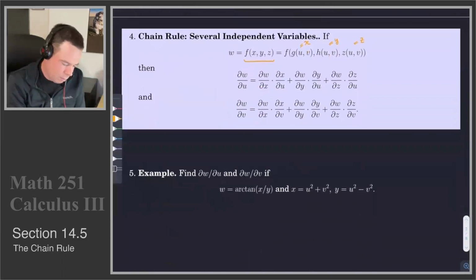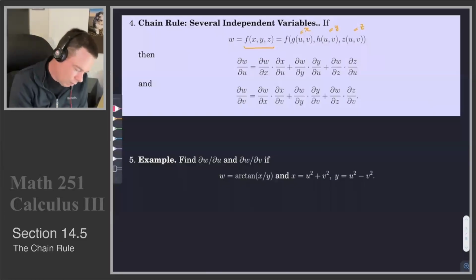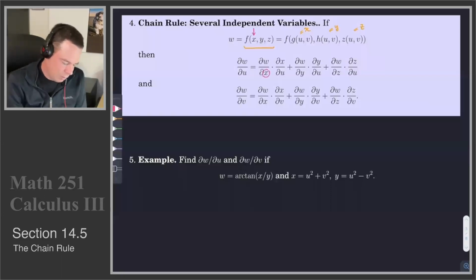It's saying if I want to compute the partial derivative of w with respect to u, I compute the partial of w, and I'll just do an indicator here. We do w with respect to x. So we do the partial derivative with respect to that first variable, and then the partial derivative of that intermediate variable with respect to u. And then we just go across. We say, okay, now we do the partial with respect to y.